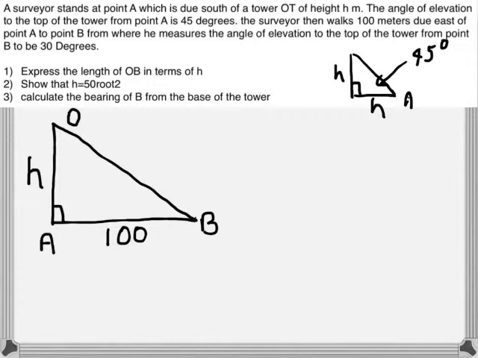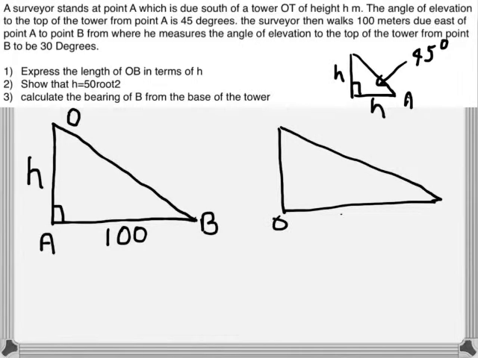So if we draw a diagram with this one, in this diagram, this is point O, this is B, this is the tower we're looking up, so that's 30 degrees in there, that's a right angle, that's the top of the tower, and that's the height.